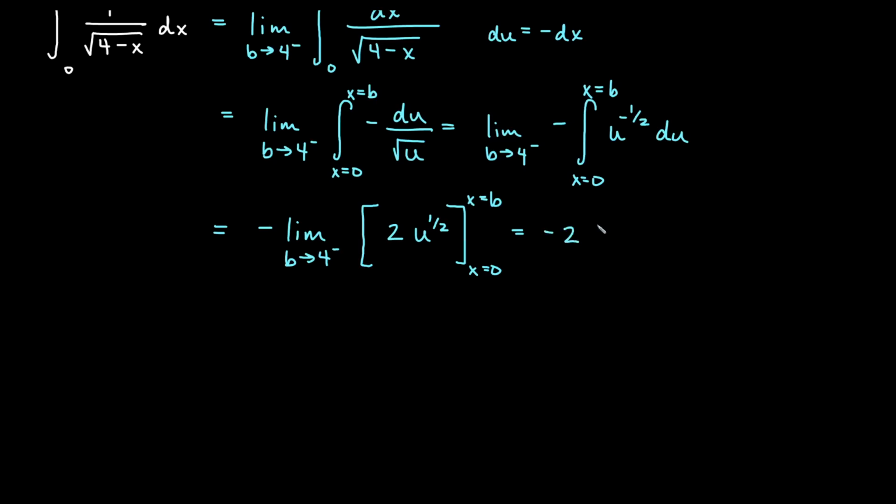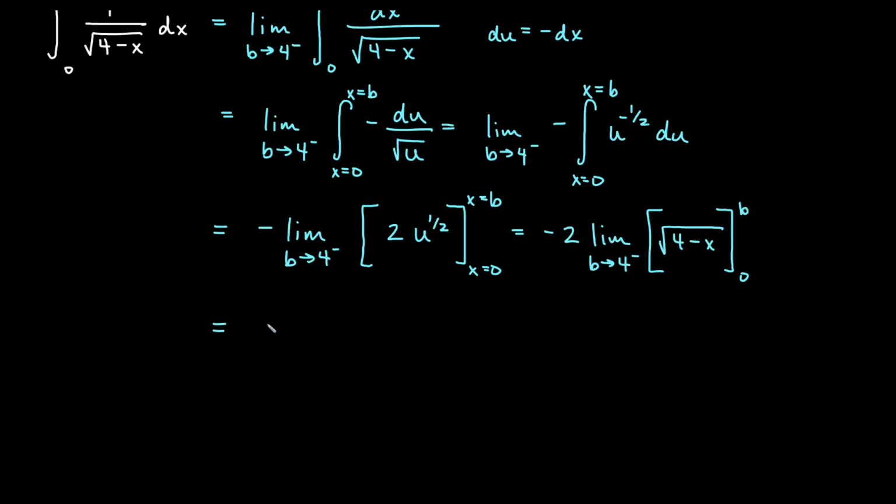So let's say -2 times the limit as b approaches 4 from the minus side. U to the 1/2 would be my original substitution for u, so that will be the square root of 4 minus x. And now that we're back in terms of x, I can just write these bounds as 0 and b.